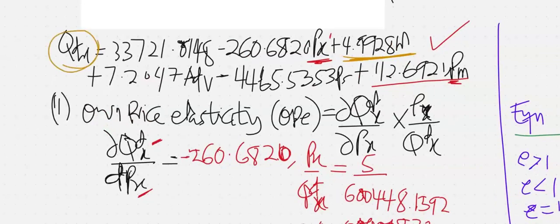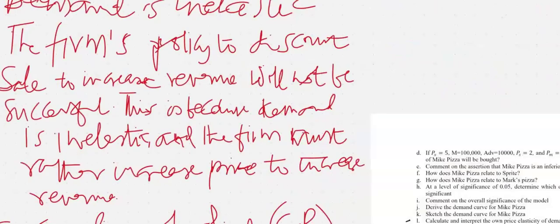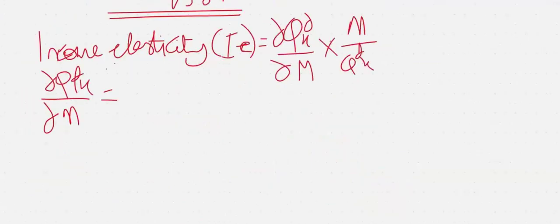In the Qdx, we differentiate particularly the parameter M, and when we differentiate M, the coefficient is 4.9928. Whenever the variable has an exponent of 1, the derivative is the coefficient.